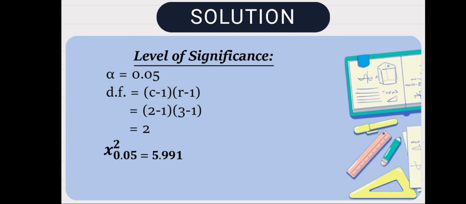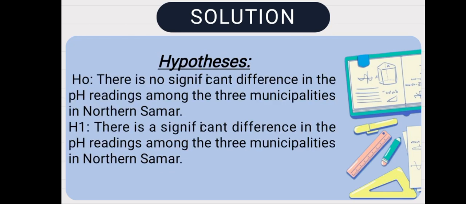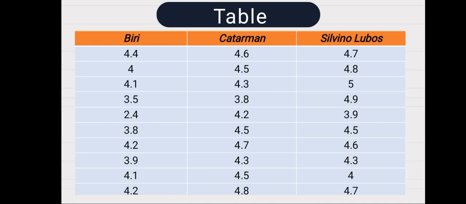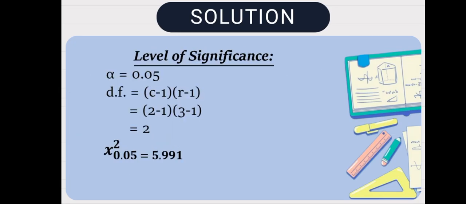Then, atong DF, mo lang gyapon same, column minus 1 times row minus 1. Then, atong column diri kay 2 minus 1. So, ato ra na ma-discuss kano na 2 minus 1 na dra o 3 minus 1. So, atong DF equals 2.